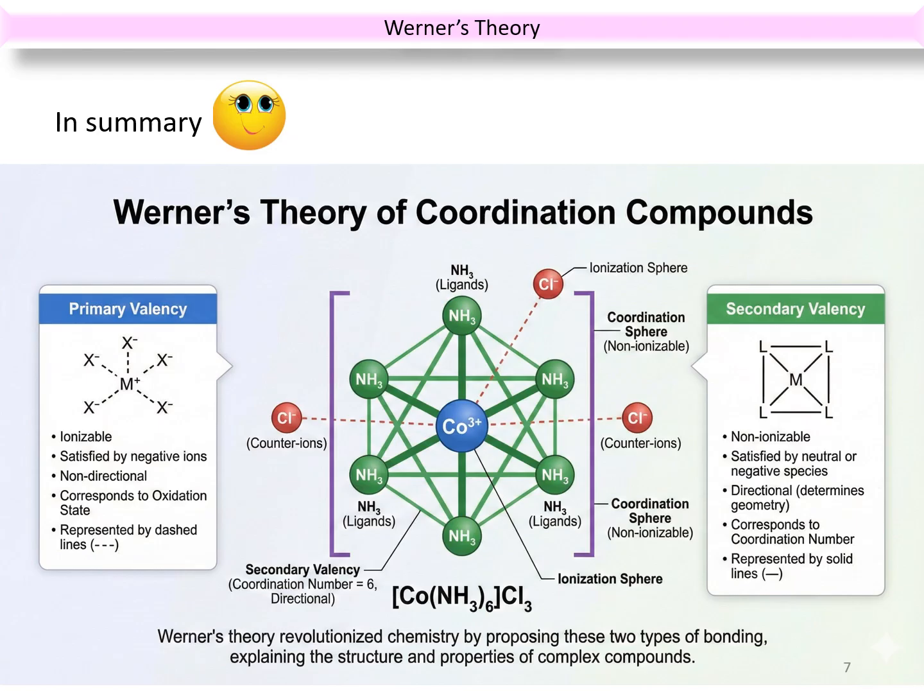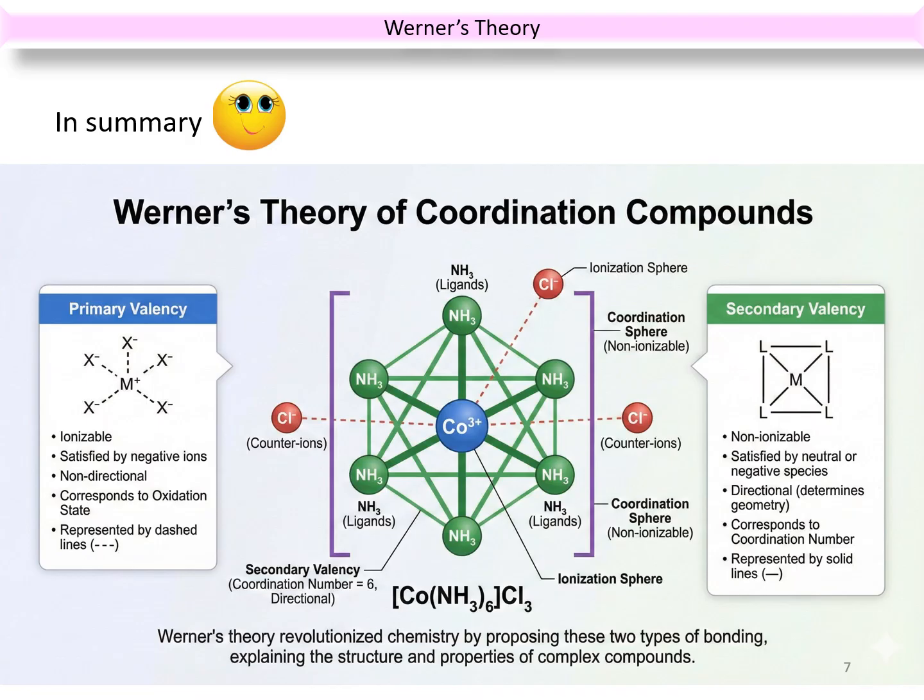In summary, Werner's theory has two postulates. One, the primary valence is ionizable and carries the charges that give the complex ion its oxidation state.